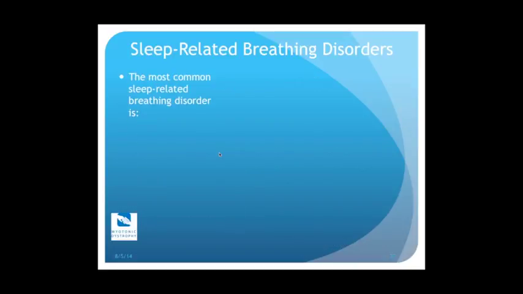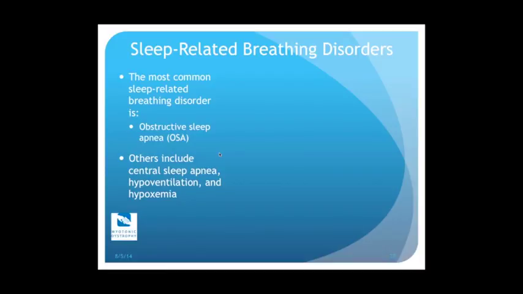So let's switch gears. There were a lot of questions as people were registering for this on sleep-related breathing disorders. By far the most common sleep-related breathing disorder is obstructive sleep apnea. Other types of disorders are central sleep apnea. The way I explain this to patients is central sleep apnea is kind of when the brain forgets to tell the diaphragm to move up and down, or the brainstem forgets to tell the diaphragm to move up and down.